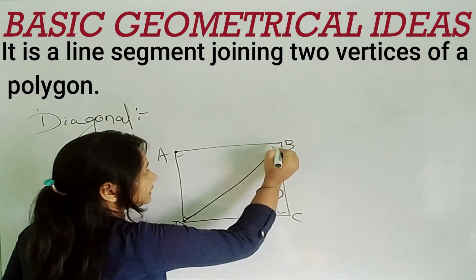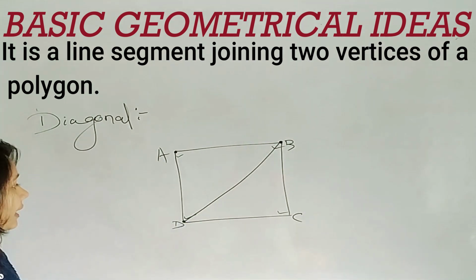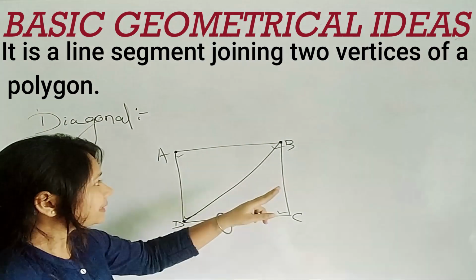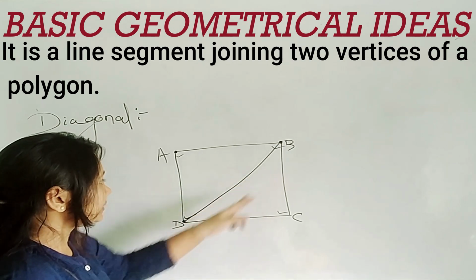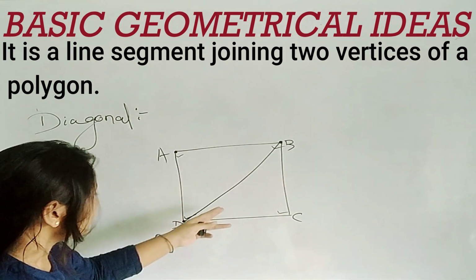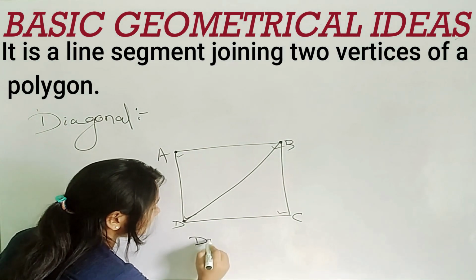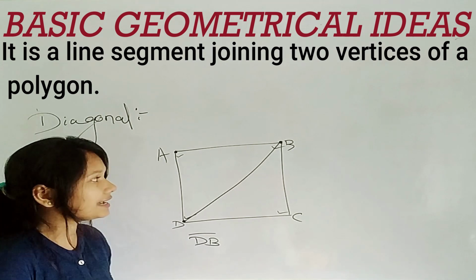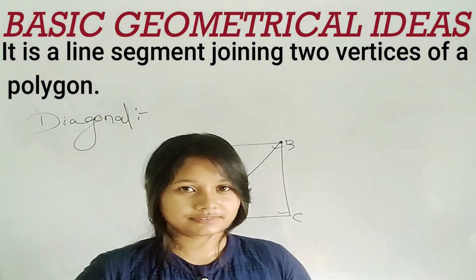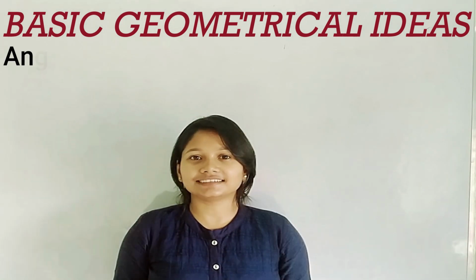We already know D and B are two vertices of this shape, and the line segment DB connects vertices which are not adjacent. Right? We can call it the diagonal of this shape. Okay. DB line segment is known as the diagonal of this shape. Right? Then comes our next topic, that is angle.